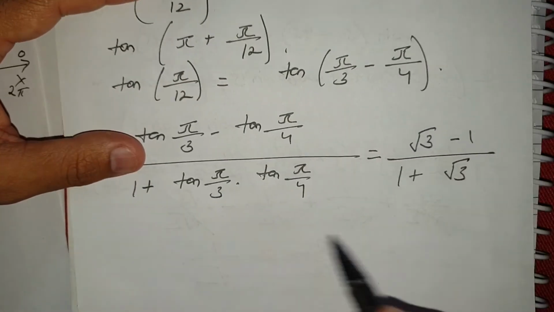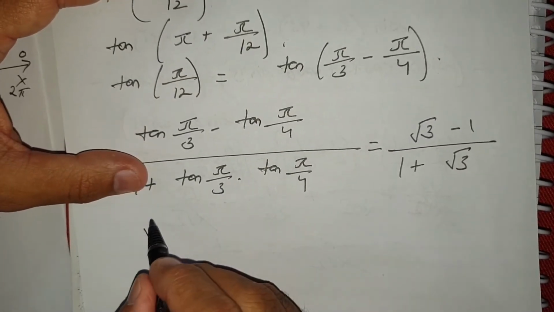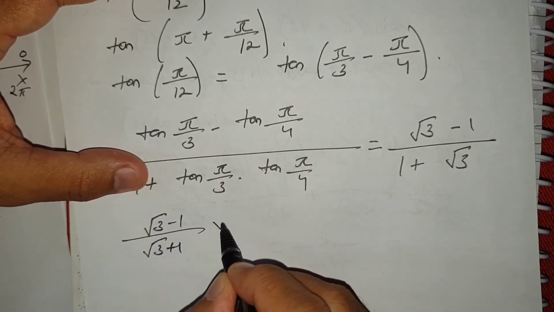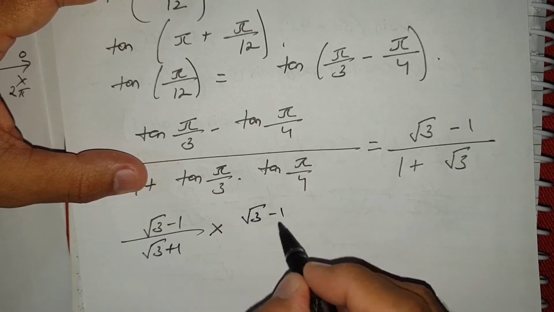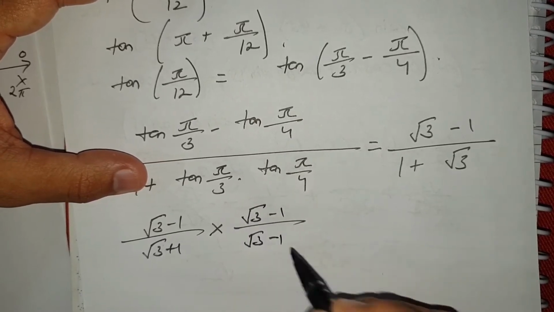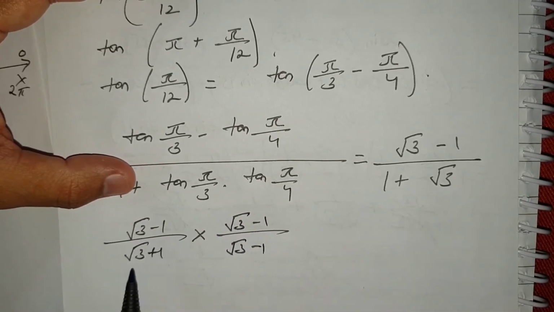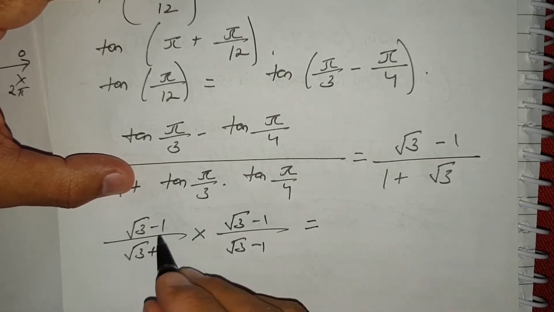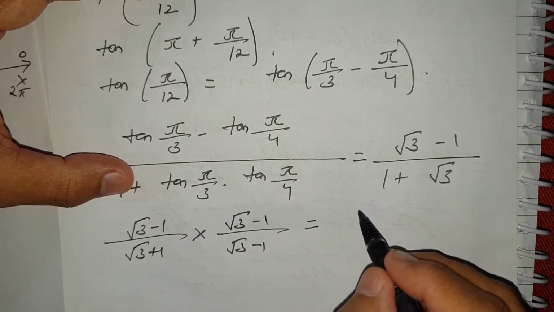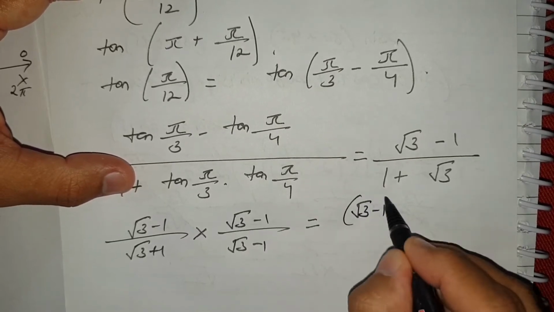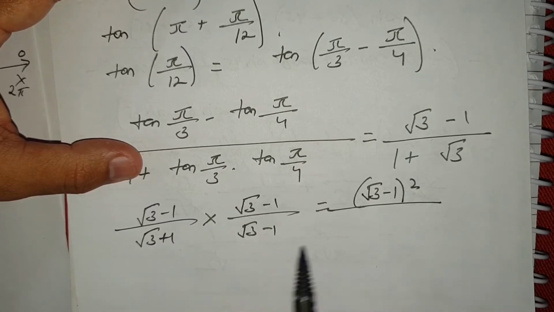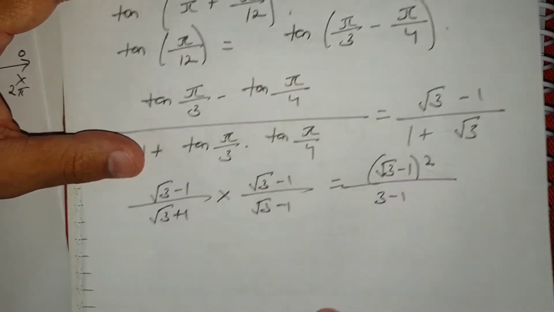Rationalizing, this is root 3 minus 1, this is root 3 plus 1, into root 3 minus 1 upon root 3 minus 1, because 1 plus root 3 can be written as root 3 plus 1. Now the numerator is root 3 minus 1 whole square, and the denominator is a plus b into a minus b, a square minus b square, 3 minus 1, 2.